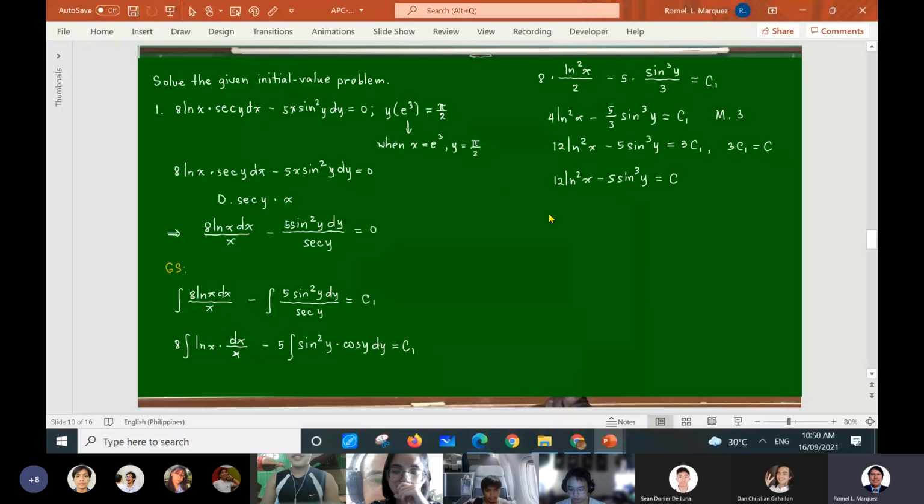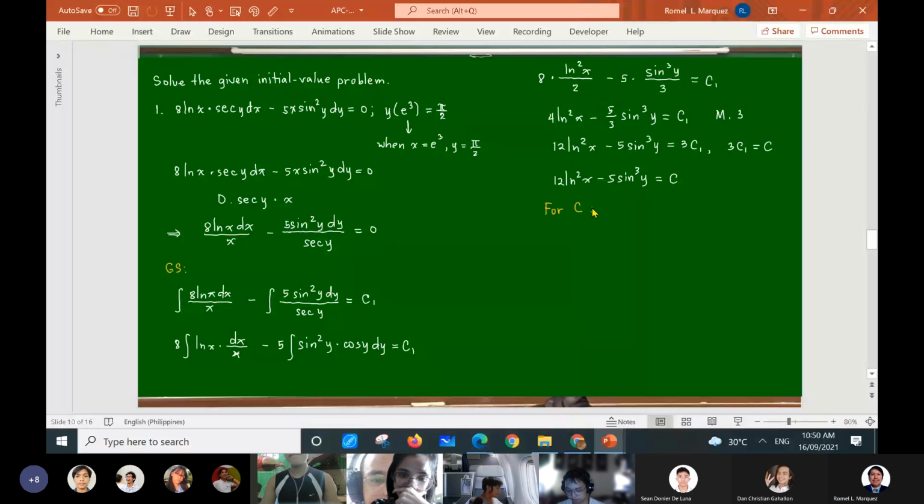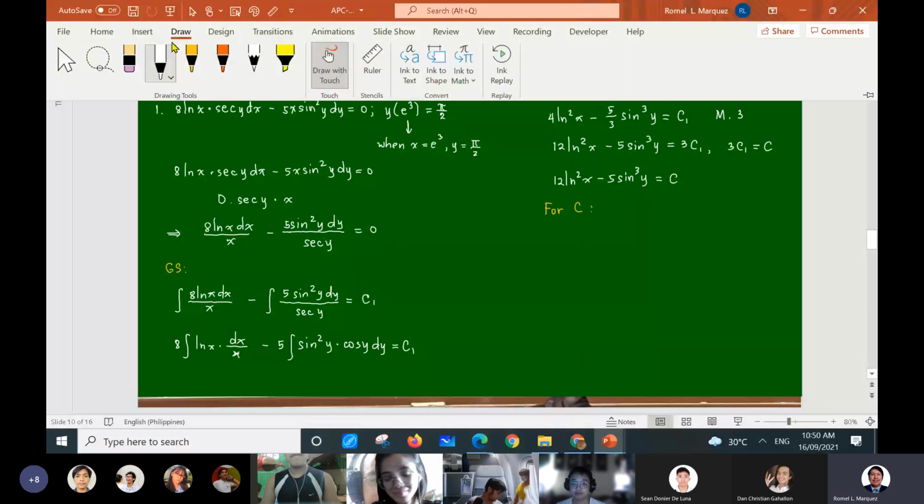So for the value of c, let's use color to emphasize. What are we going to substitute?